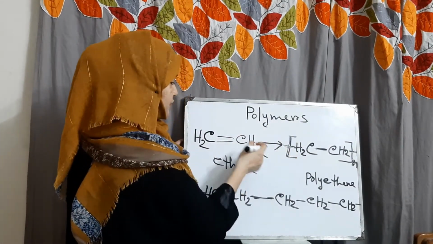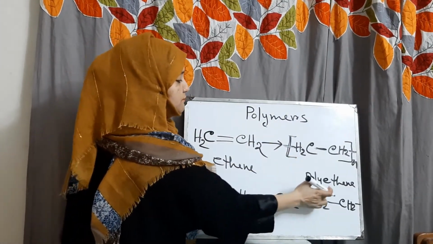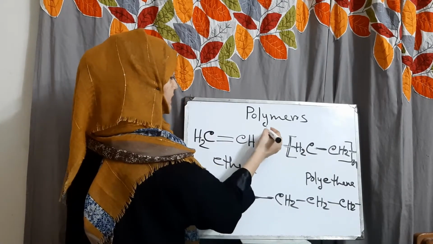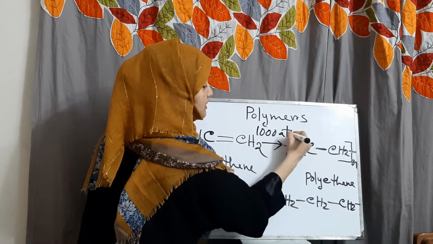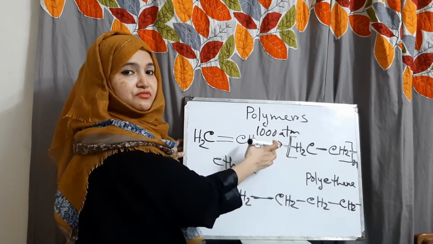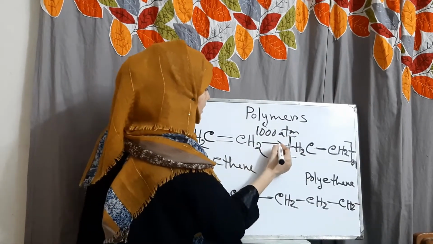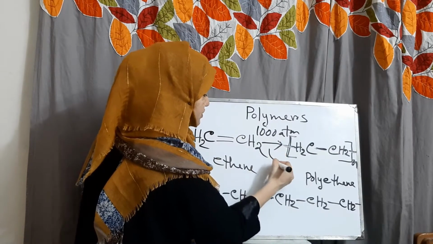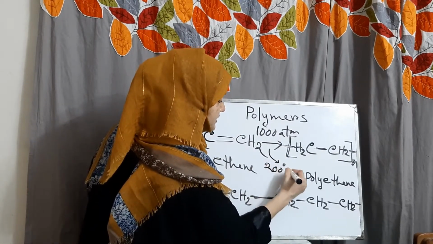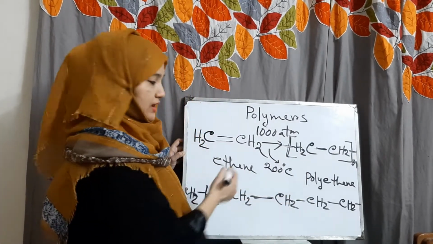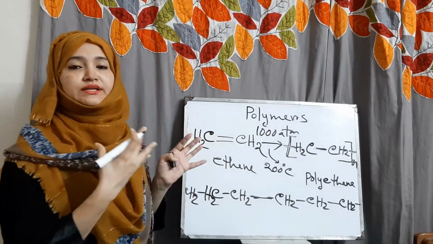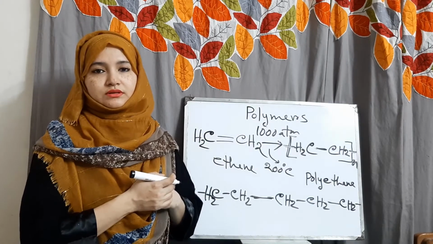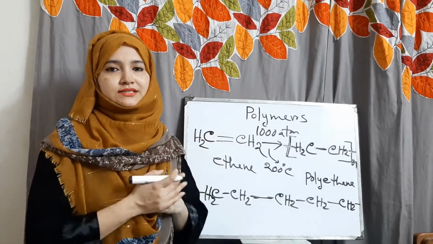And then for preparation of polythene, we have to apply 1000 atm pressure, very high pressure, and the temperature will be 200 degrees Celsius, and a little amount of oxygen or organic peroxide used as a catalyst.